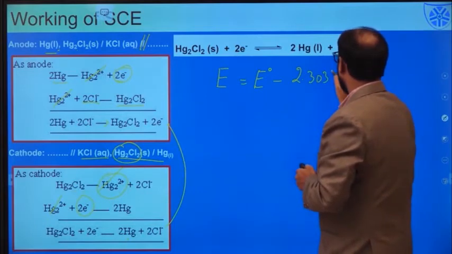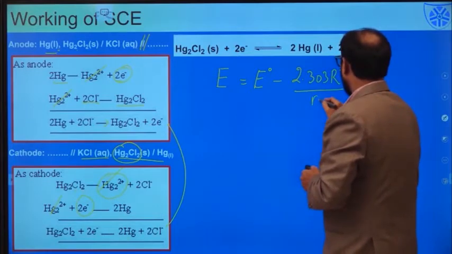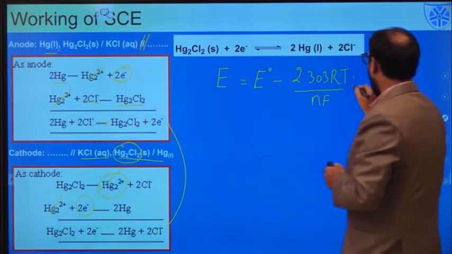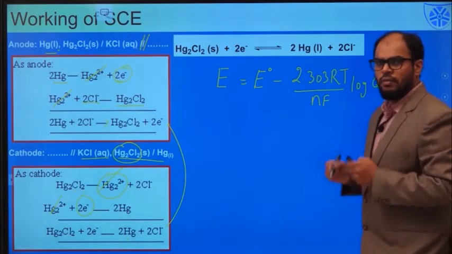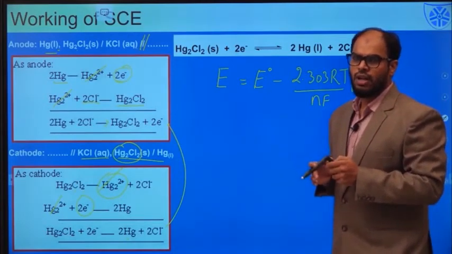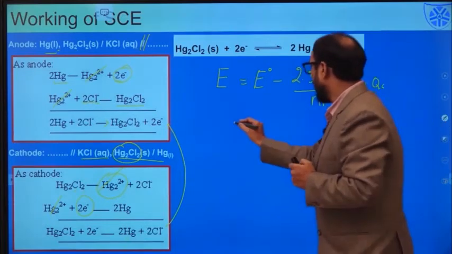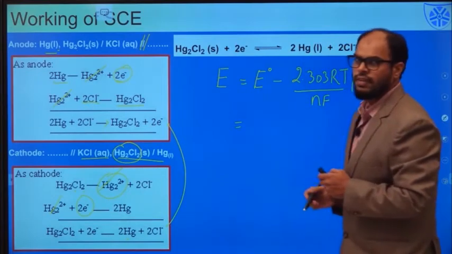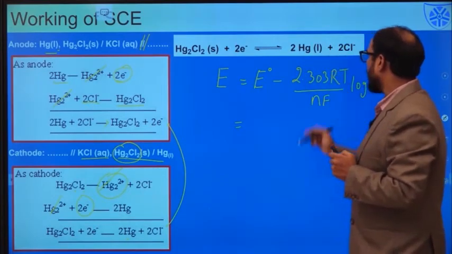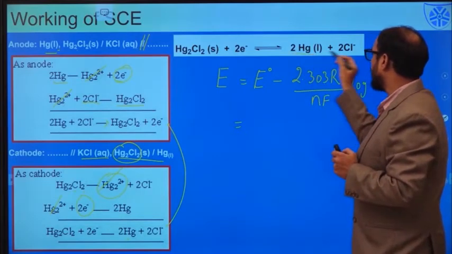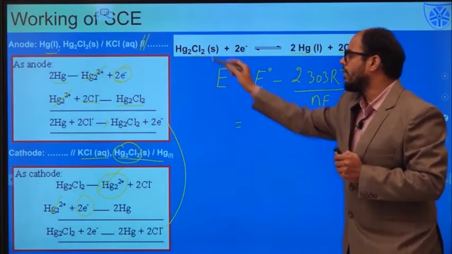And we also know that Qc refers to the concentration of the products by the concentration of the reactants. Here, since we have taken the reduction half cell, on the product side we have elemental mercury and chloride ions. On the left hand side we have the calomel in the solid paste.